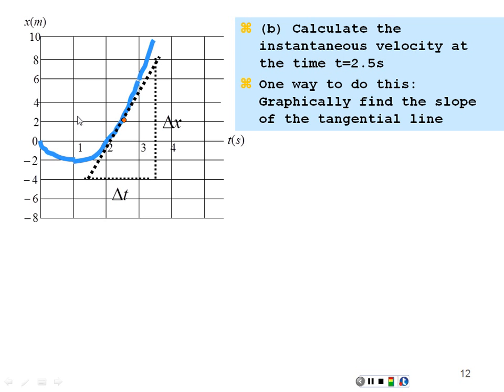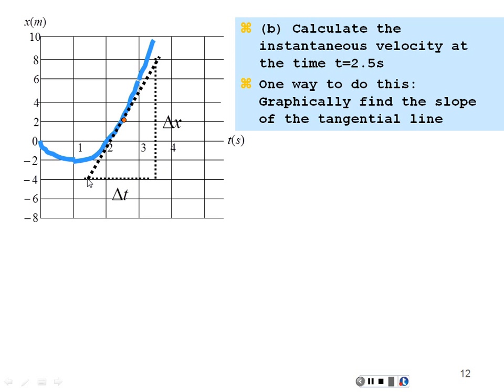So graphically, I've already done that here. I got a line that intersects at 2.5 seconds, and it's a tangent line intersecting only at that point. I want to figure out the slope of that line to get my velocity. So I want rise over run. To figure that out, I'm looking at another point on this line: x equal 8 and t equal 3.5 seconds.